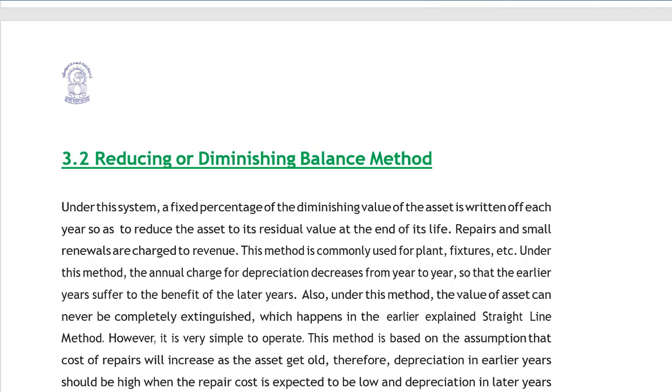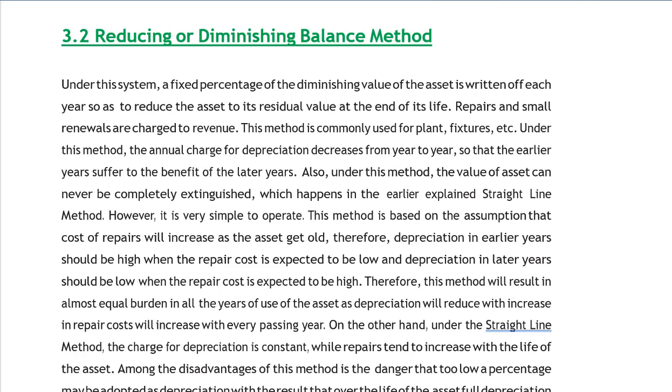We are shifting to another method, that is reducing balance method or diminishing balance method. Let's try to learn this method.